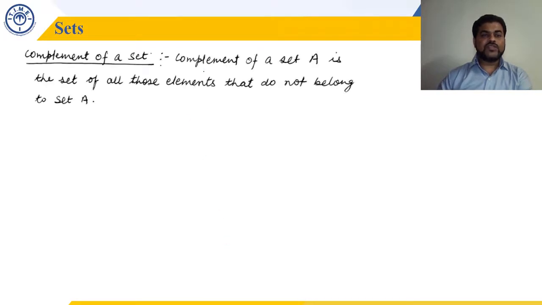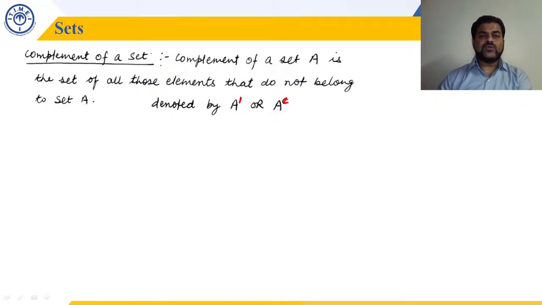What is the complement of a set? The complement of a set A is the set of all those elements that do not belong to set A. It is denoted by A dashed, or we write small c as a superscript.